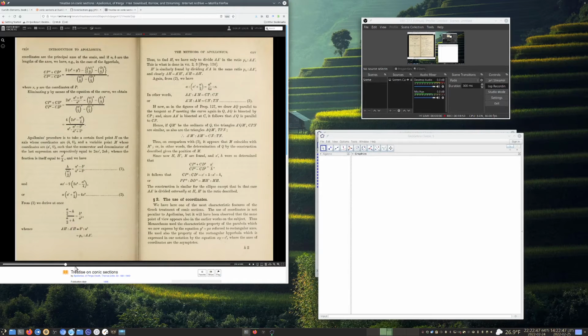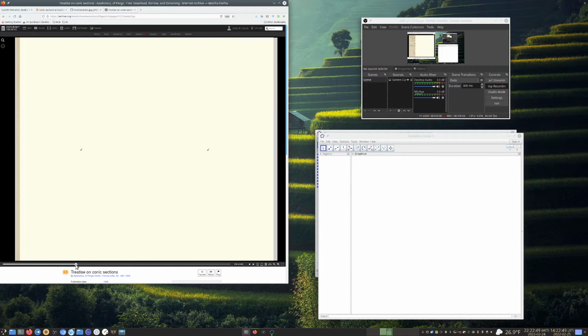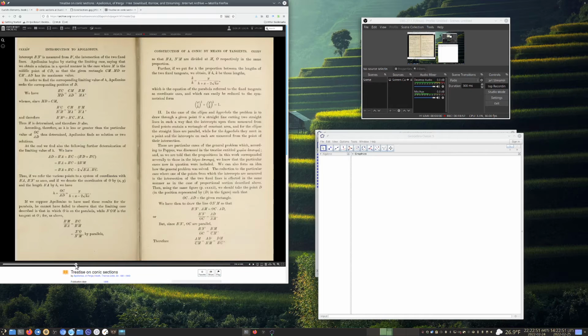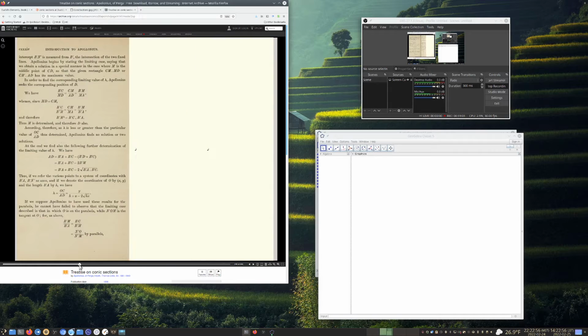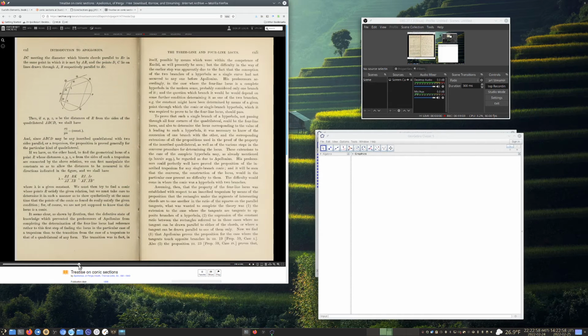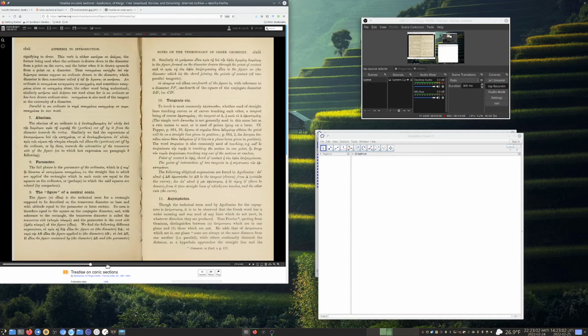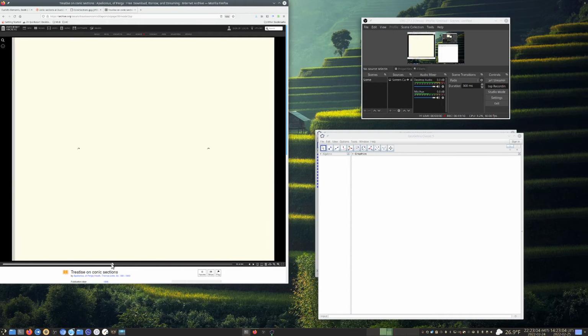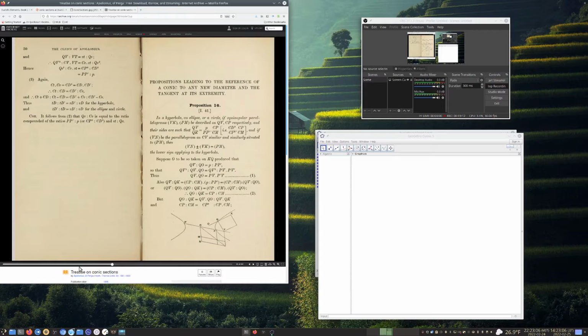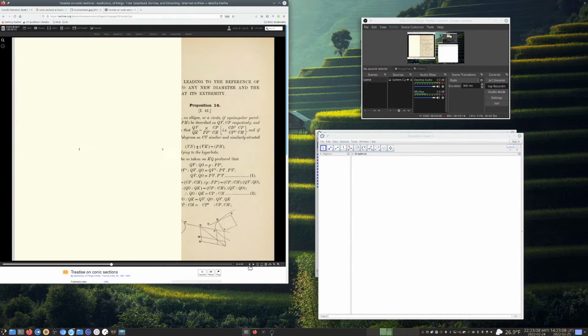Oh, you know what? I have a dead tree version of the book somewhere. I should just find the page and then find it here. Okay. Construction of the conics by means of tangents. Okay, we're still... Come on. Oh my goodness. We're halfway through the book and it's still Thomas Heath. Okay. Here we go. Okay.